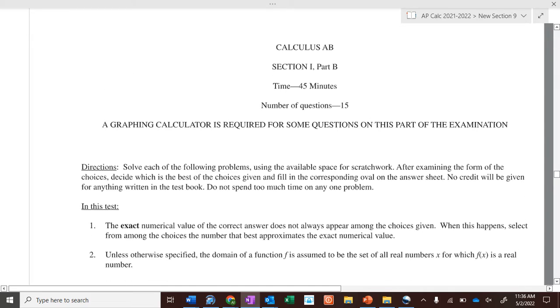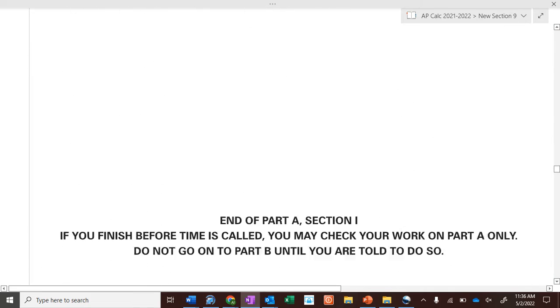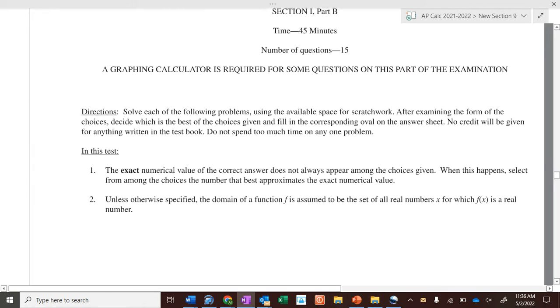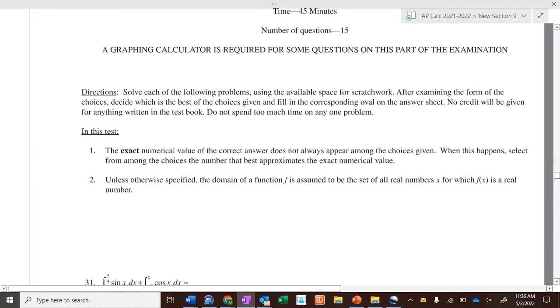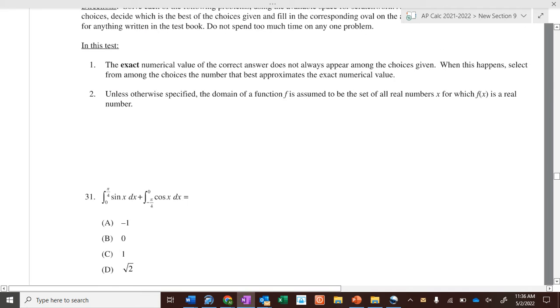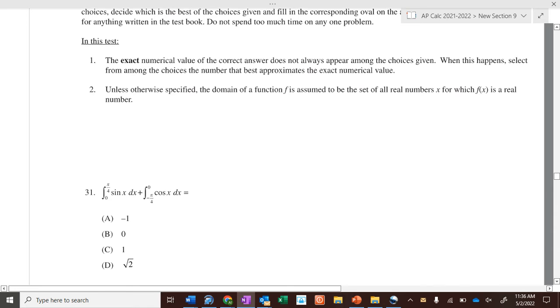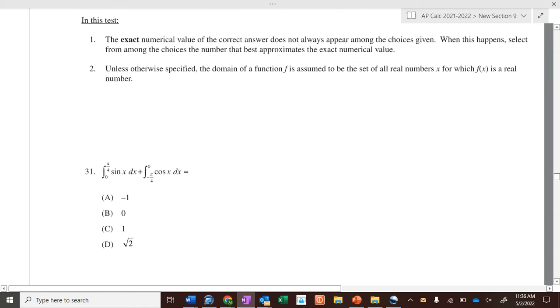So maybe for our diagnostic, we'll do the calculator section, which is only 15 questions. And it's 45 minutes because we have a 55-minute class on Wednesday. We're only doing one because that's all we have time for. And then Friday will be the last minute review of everything we need to review because Monday's the test.